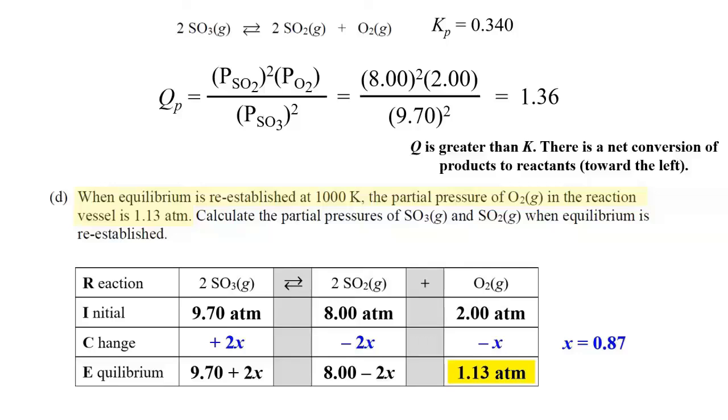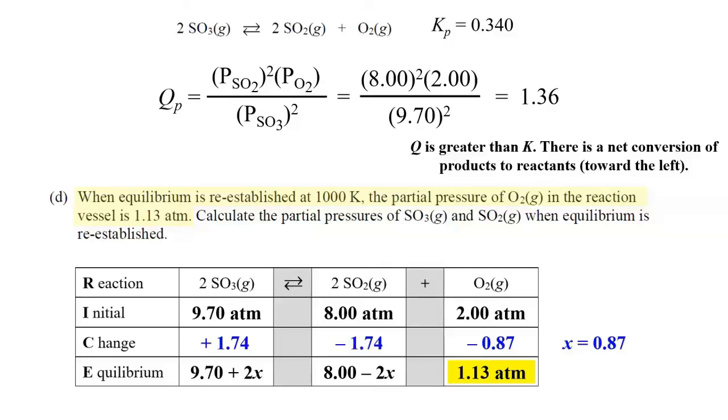So 0.87 times 2 is 1.74. So the pressure of SO3 increases by 1.74 atmospheres. The pressure of the SO2 decreases by 1.74 atmospheres, and we know the pressure of O2 decreased by 0.87 atmospheres.